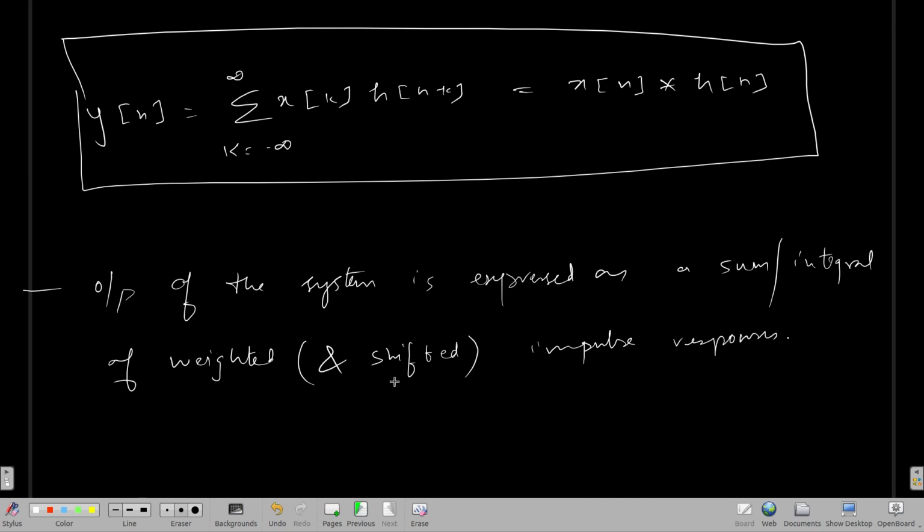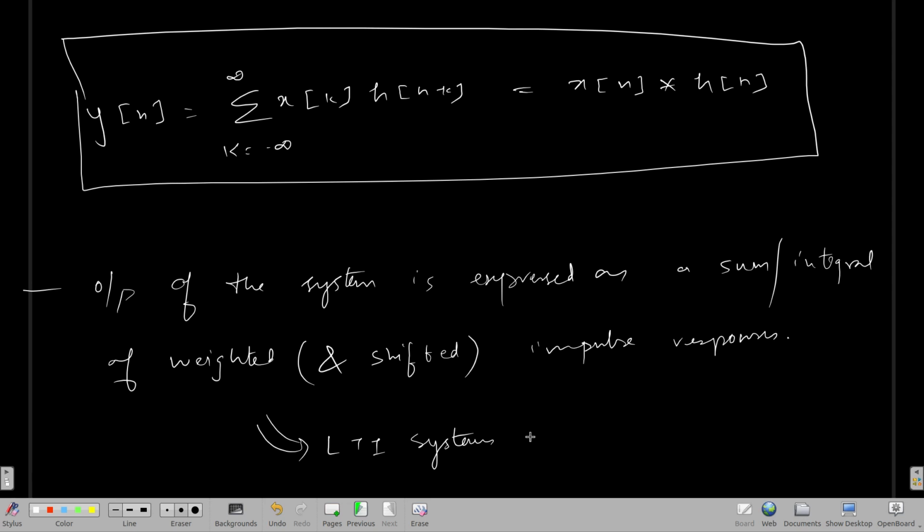This is the essence of convolution, and because of this weighting and shifting and finally summing or integrating, we can do this analysis only for LTI systems. That is the significance of LTI. Why?